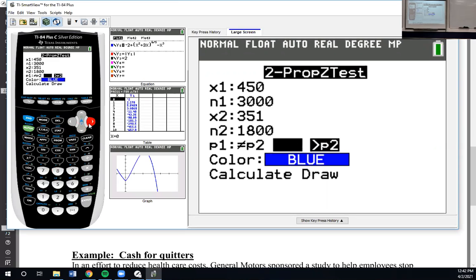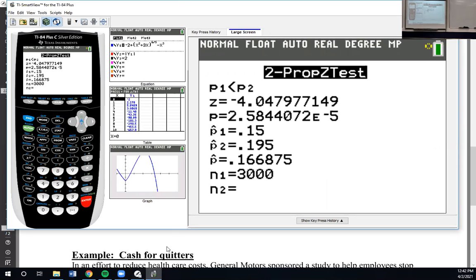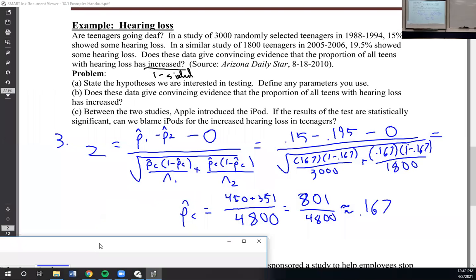And our alternative is that P1 is less than P2. Calculate. There's our p hat sub c, our pooled proportion, treating it as one sample, the 0.167. It gives back our 0.15 and 0.195 that we already know. Negative 4.05 is our z-score.